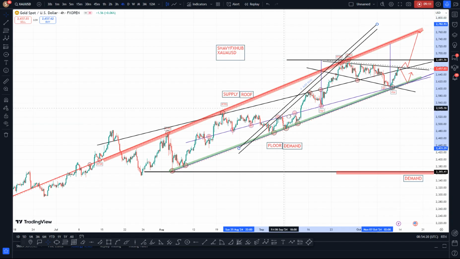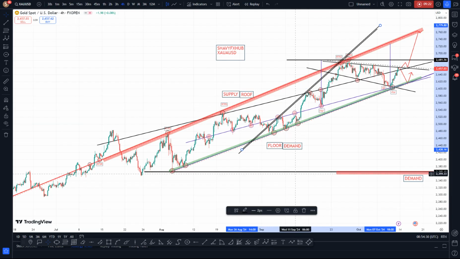So on this roof, you watch every time price has played into this roof. What has price done? You see every time it plays into this roof, it is always a sell. This is a new roof.